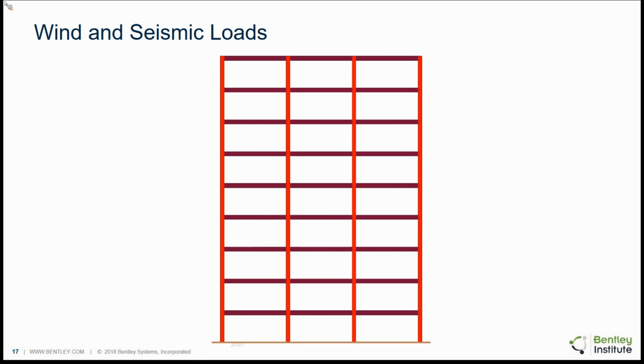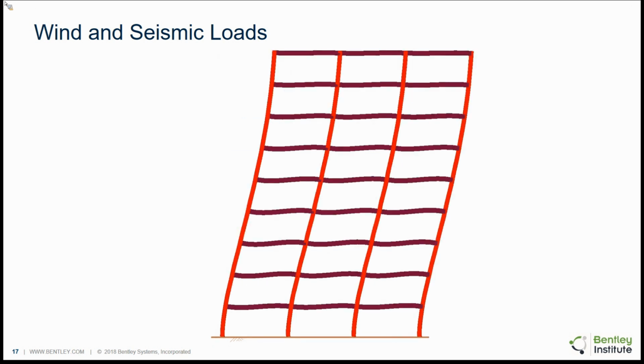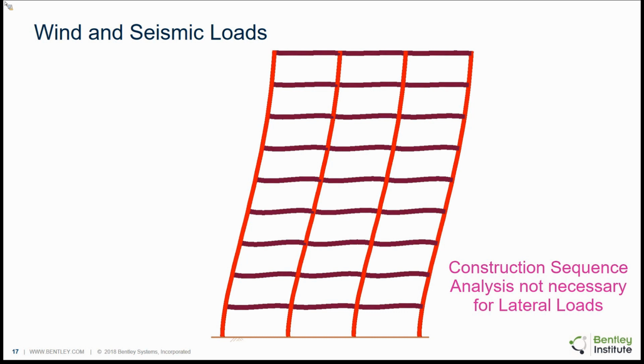And so our traditional analysis of creating a model, then applying the loads, and doing the analysis and using those results for wind and seismic forces is in line with what's happening in reality. And so doing some kind of a construction sequence analysis is not necessary for lateral loads.